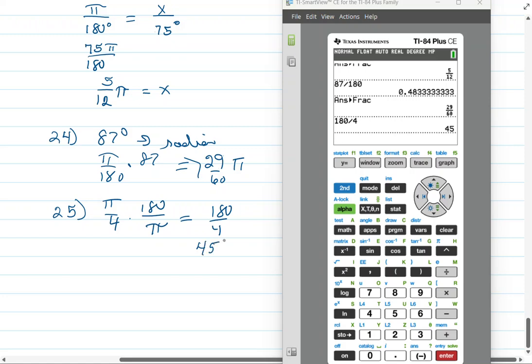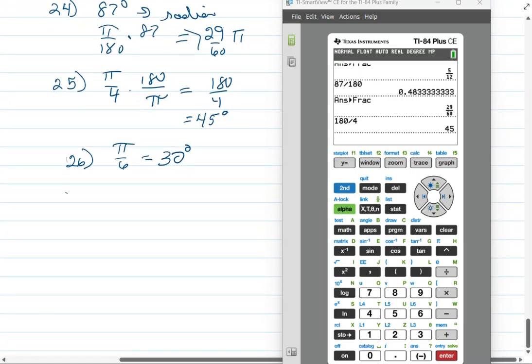I could have guessed that one. I don't know why I worked it out. Oh, and I can guess this one too. Pi over 6 is 30 degrees from our unit circle. All right. Okay, let me do 27.